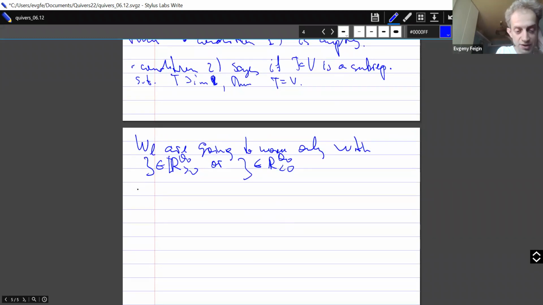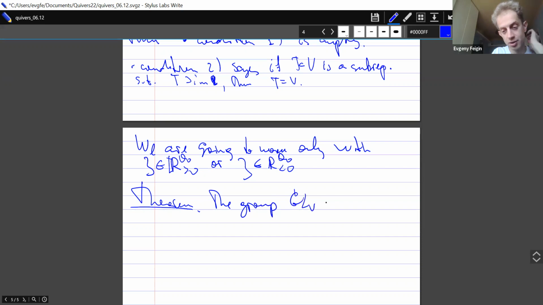In this case, we have the following theorem: the group GL_V acts on mu inverse 0.